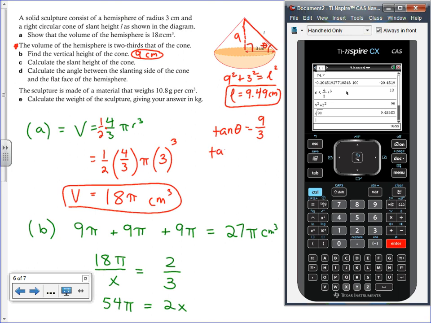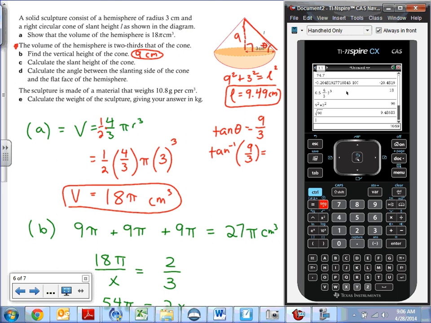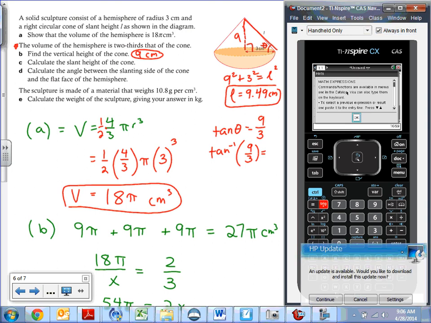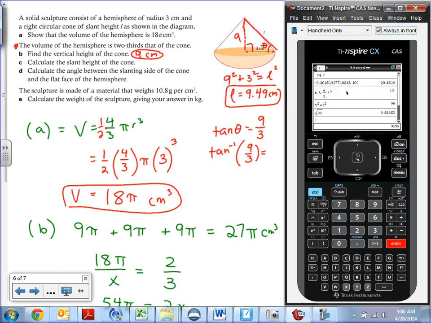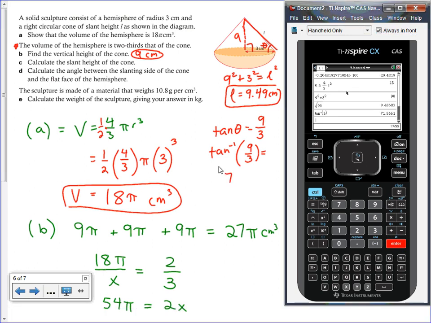So I'll be doing inverse tangent of 9 over 3. Sorry, I'm kind of all over the page here, but this is making sense. I'm trying to minimize the scrolling I have to do around the page. Go to tangent, 9 divided by 3. The angle comes out to 71.6 degrees. All right, here's my answer to part D.